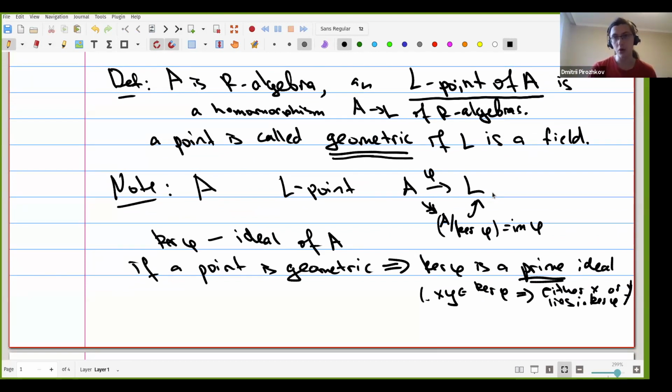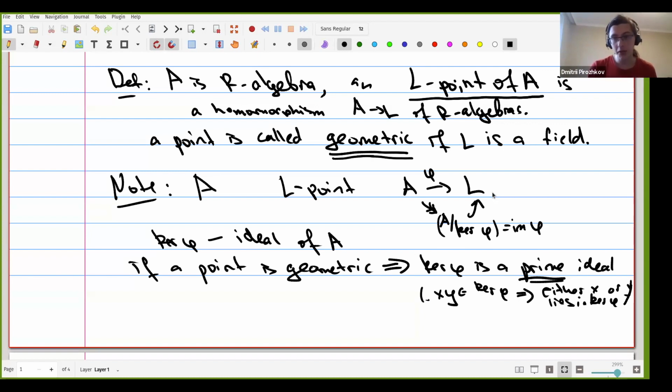In this case, I can only look at maximal ideals. If I want to think of geometric points this way, I can say that a point is geometric if the map is surjective and the kernel is a maximal ideal.